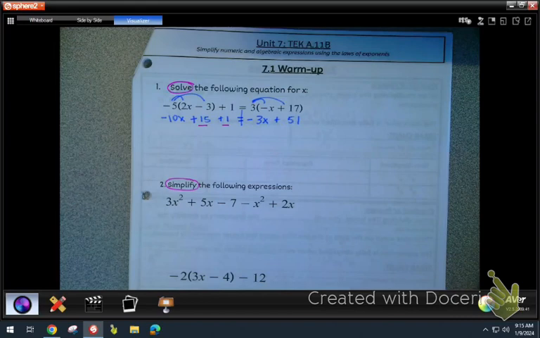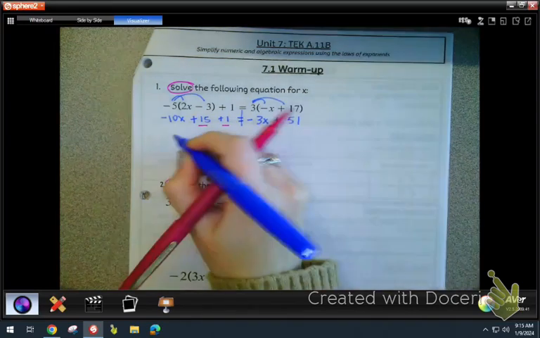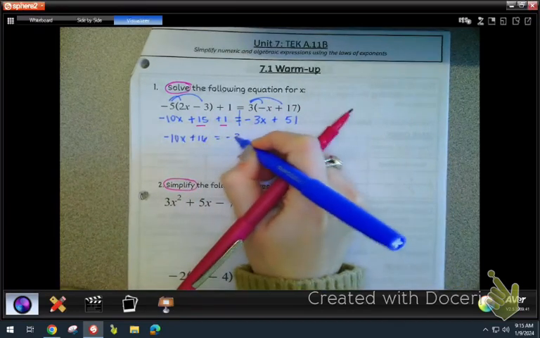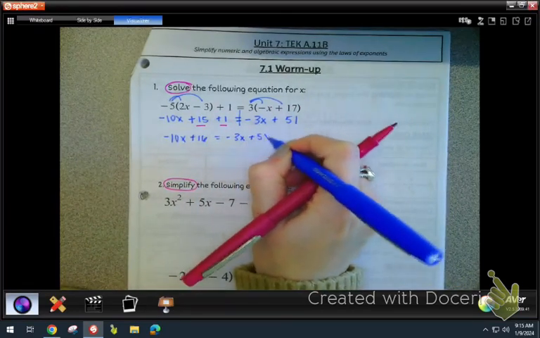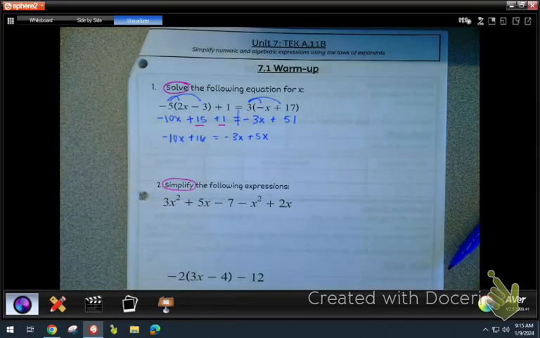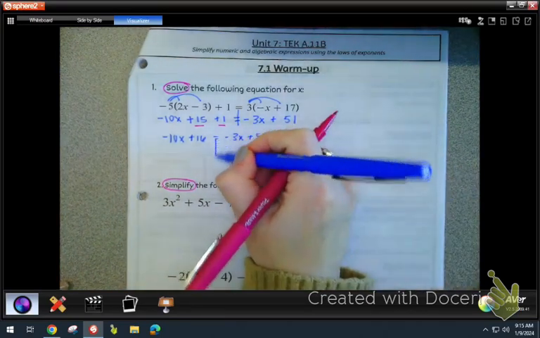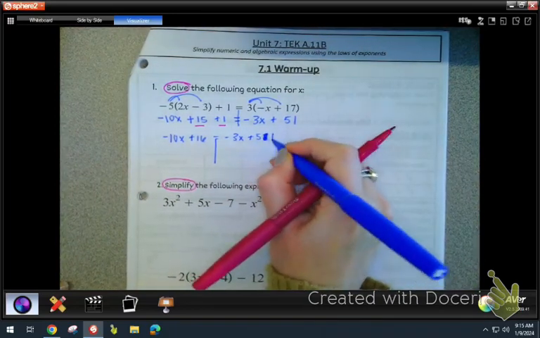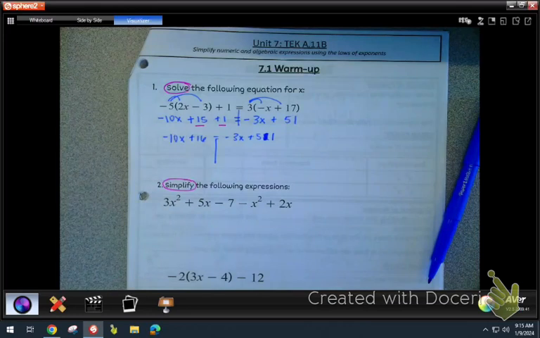You simplify that down. So then we would have negative 10x plus 16 equals negative 3x plus 51. Okay? So get it to where you've simplified the left side and the right side. I'm going to continue with my line. And that's supposed to say 51, not a 5x. Basically, now what we want to do is get it to where we have the numbers on one side and the variables on one side.